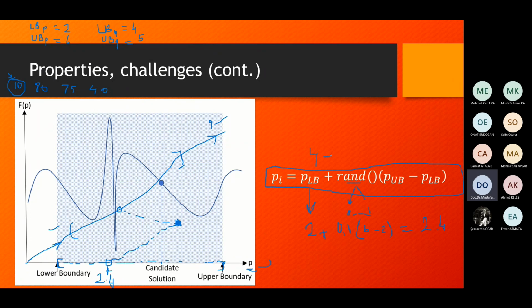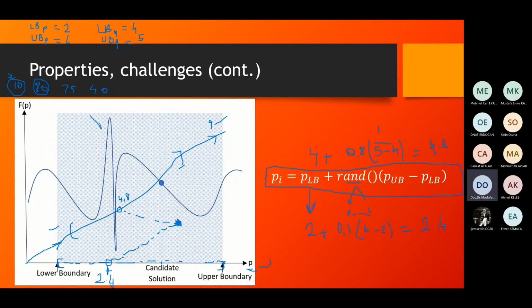It is 4 plus random. We need a random number. The next random number is 0.8. And upper boundary is 5, and lower boundary is 4. Therefore, this is 1. The result is 4.8. Therefore, this is 4.8.